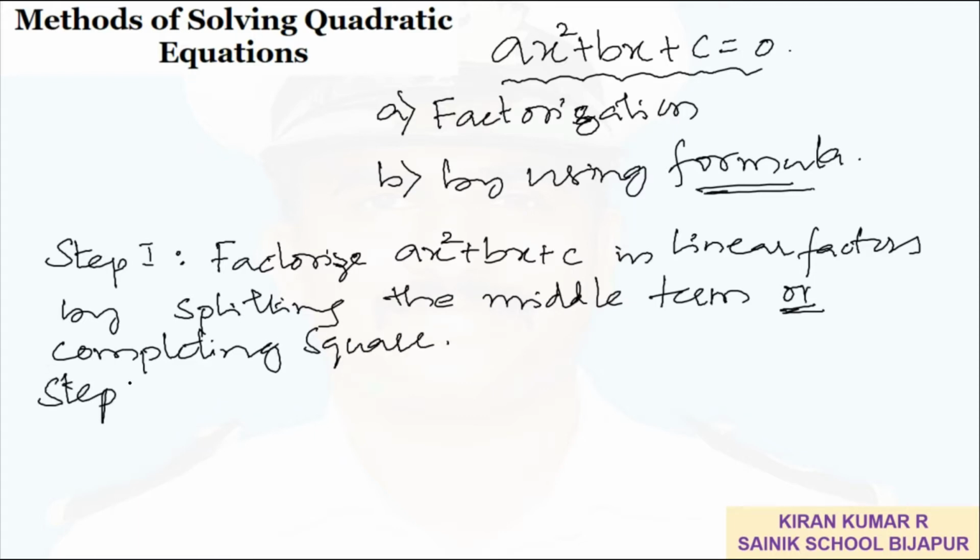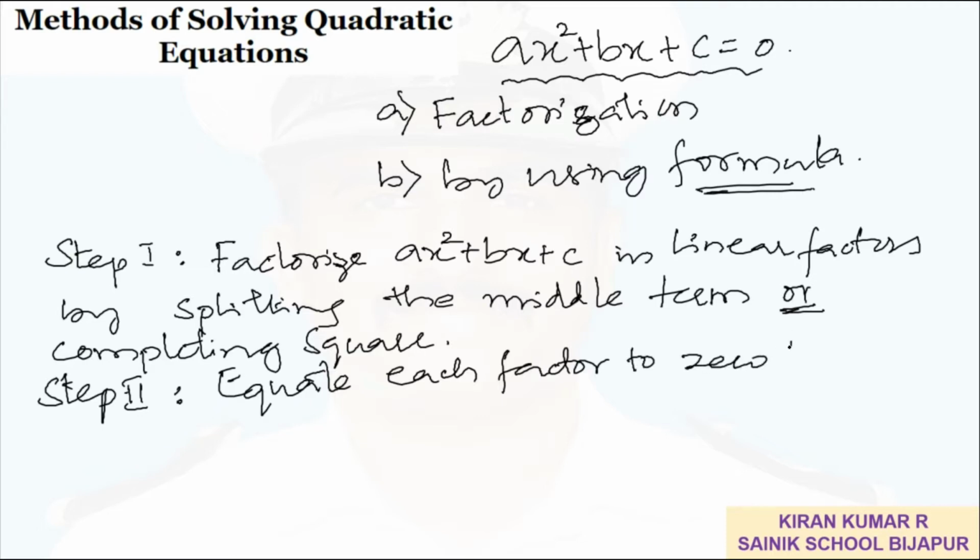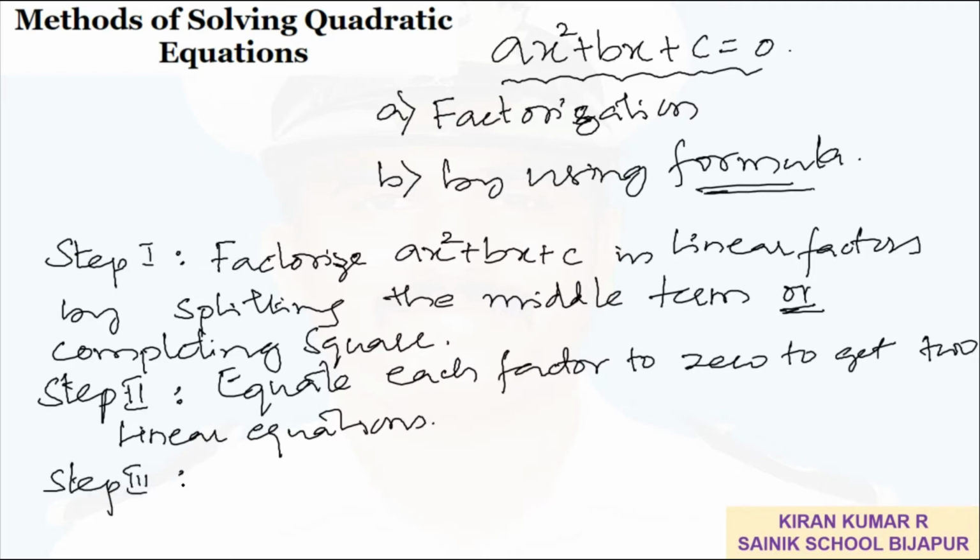Step 2, we will equate each factor to 0 to get two linear equations, and the last step, step 3 is we will solve the linear equations.